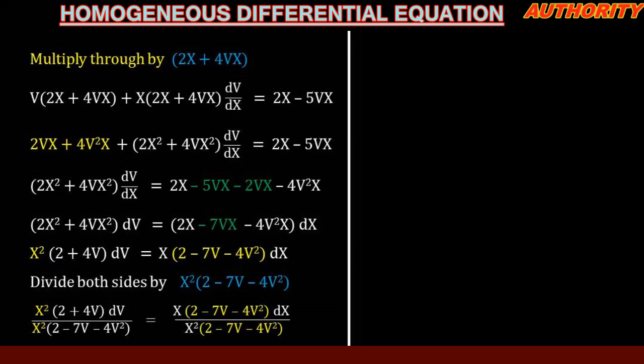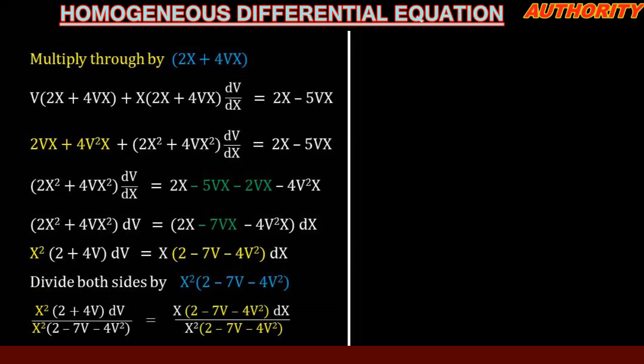So the 2 minus 7v minus 4v squared in the numerator, in our right hand side, we cancel with the denominator, right? Good. And in our left hand side, x squared in the numerator, we cancel with x squared in the denominator.